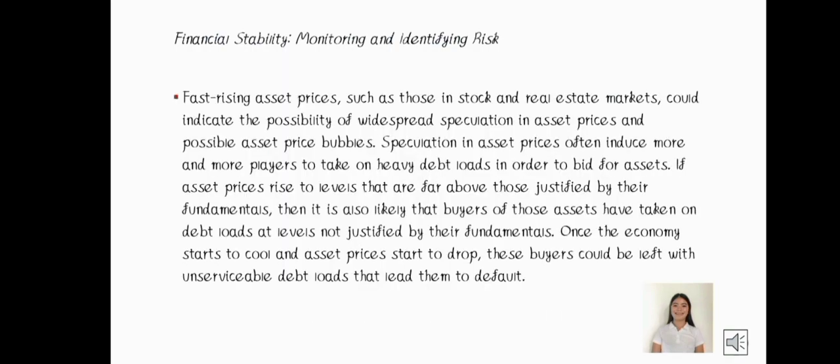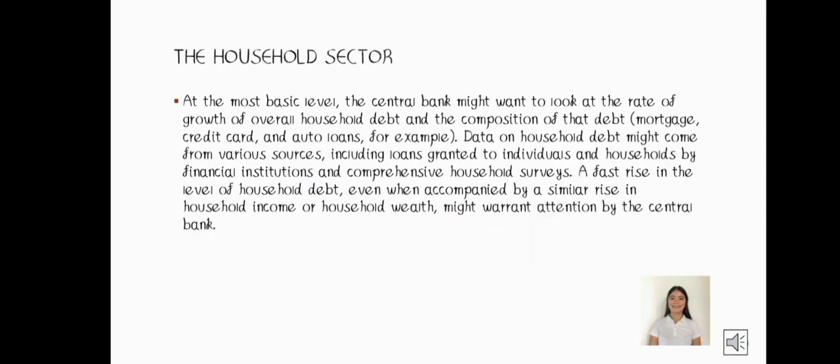Fast rising asset prices, such as those in stocks and the real estate markets, could indicate the possibility of widespread speculation in asset prices and possible asset price bubbles. Speculation in asset prices often induces more and more players to take on heavy debt loads in order to bid for assets. Next is the household sector.